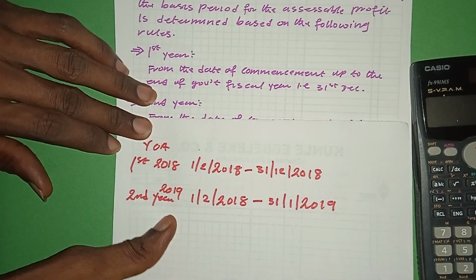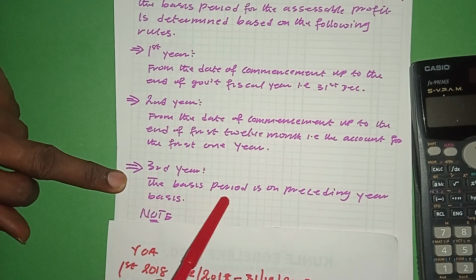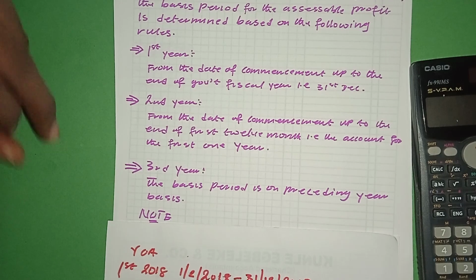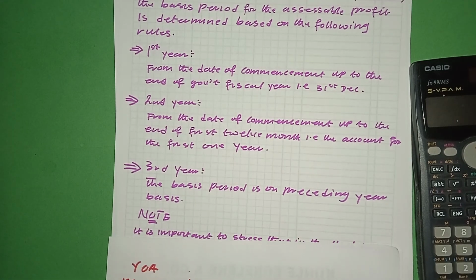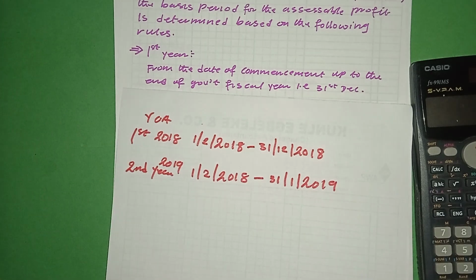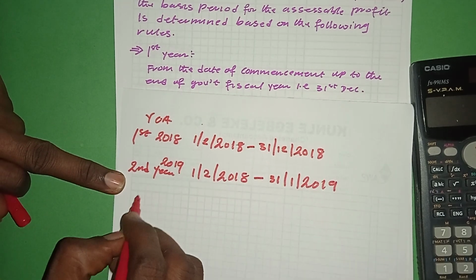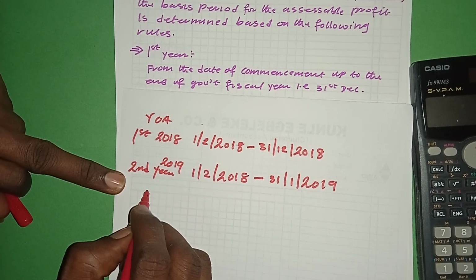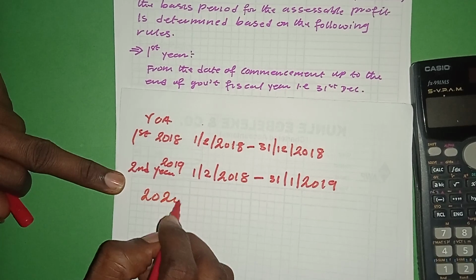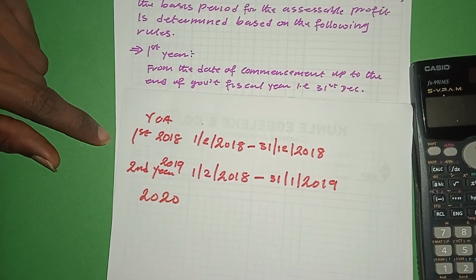Now, the third rule states that the basis period is on preceding year basis. That is to say, what we are going to get here now, the year of assessment is going to be 2020. But now let's look for the basis period.